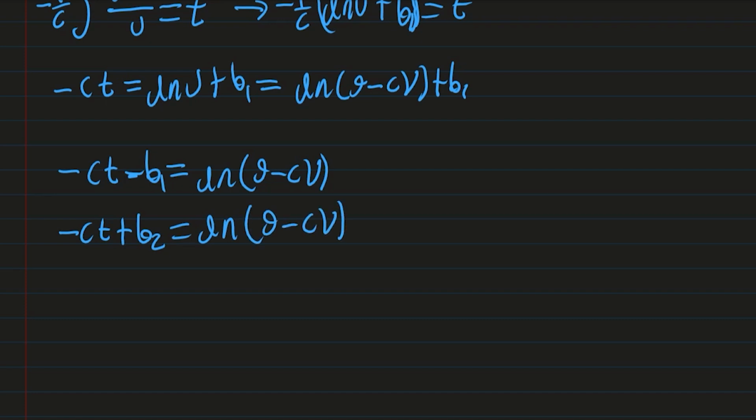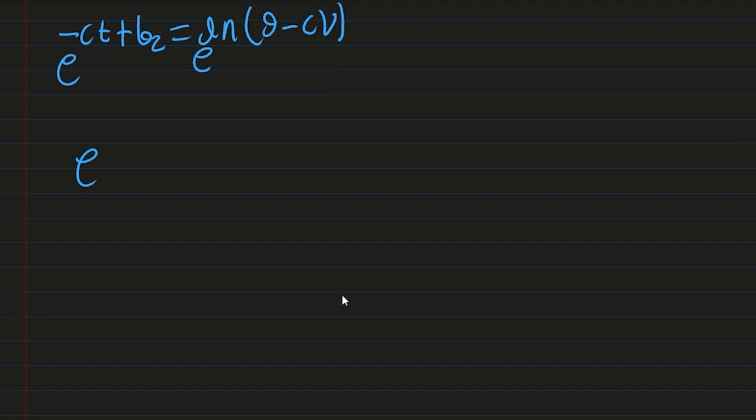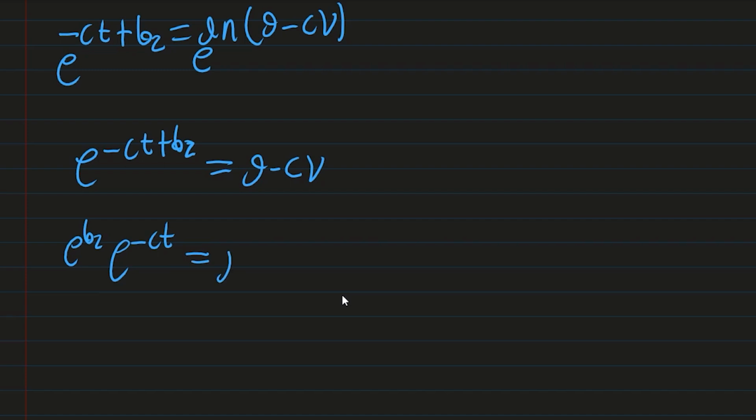To be able to get rid of this natural log, I'm going to raise e to both sides. On this side I'm left with e to the negative c t plus b2. On the other side I will have just g minus c times v. Now these b's here, because they are being added, this means that it's just e to the b2 times e to the negative c t, and that is equal to g minus c times v.